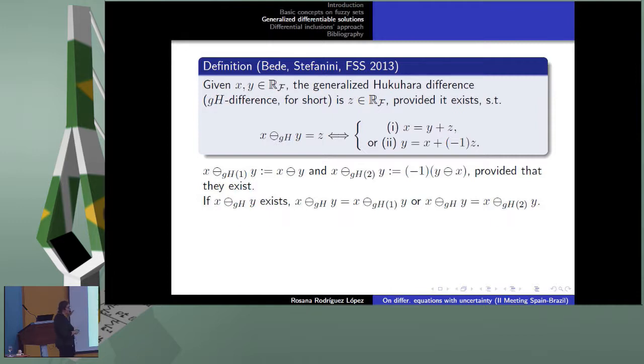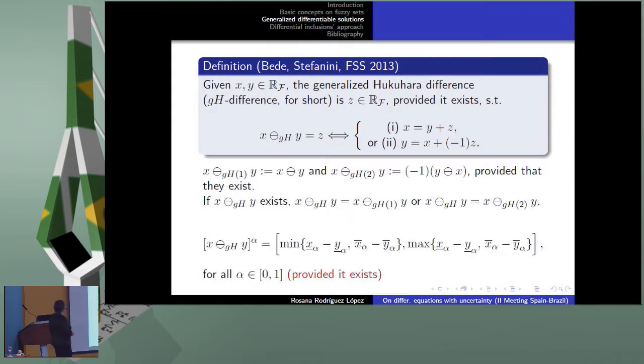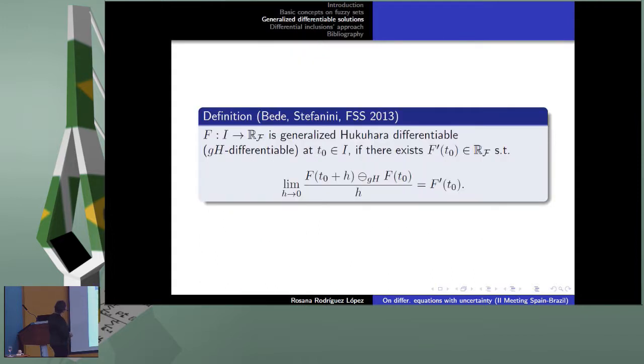So it is a more general situation with this notion of difference whose level sets have this expression, minimum and maximum. You can define a generalized H differentiable function just with this notion of the limit.